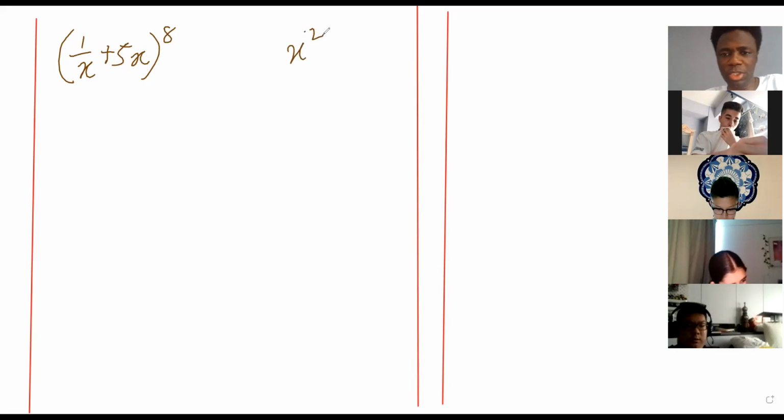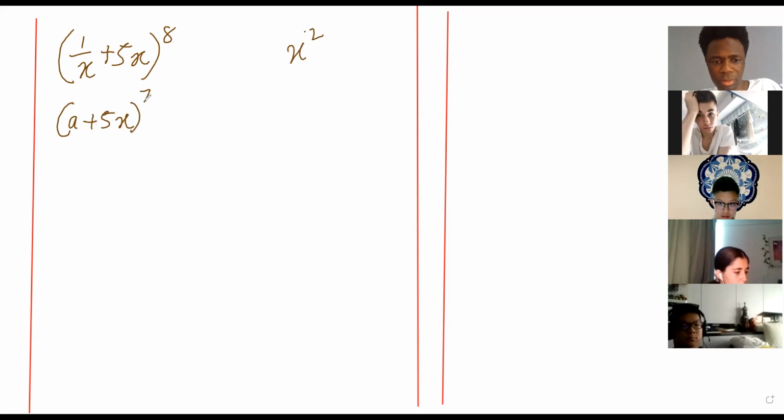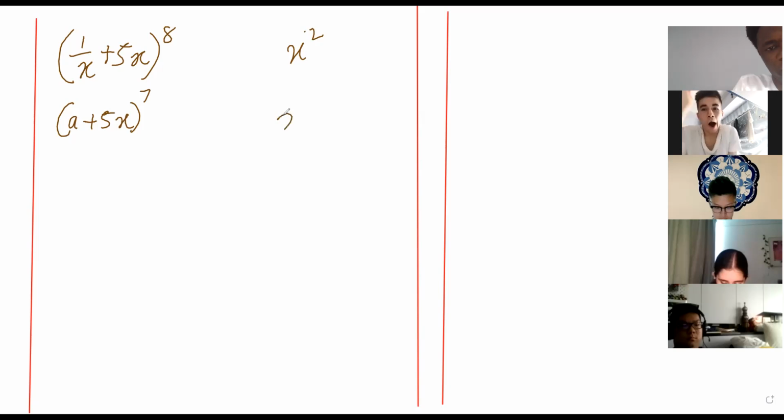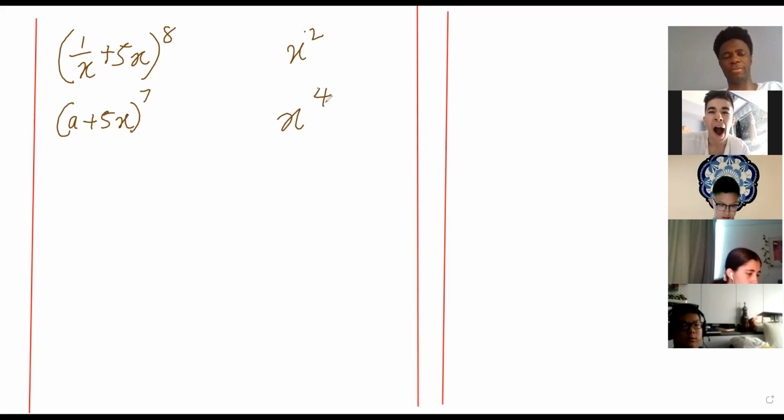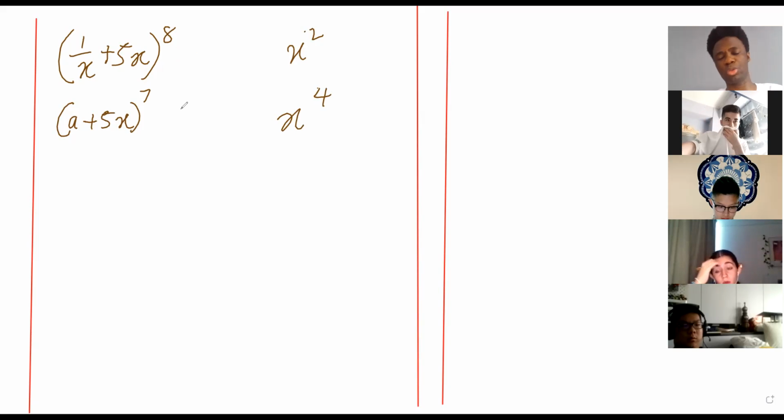In the other expansion, which is (a + 5x) to the power 7, we are dealing with the coefficient of x to the power 4. So again, the coefficient of x squared in this expansion is the same as the coefficient of x to the power 4 in this expansion. So all we have to do is get the coefficient of both and equate.